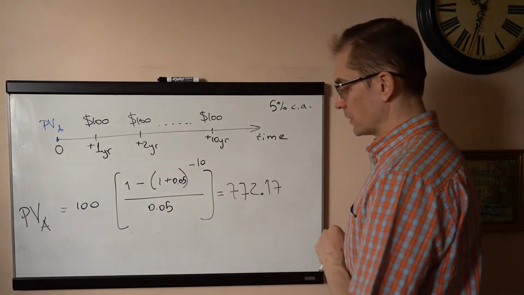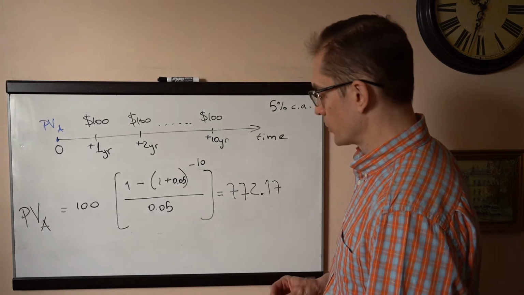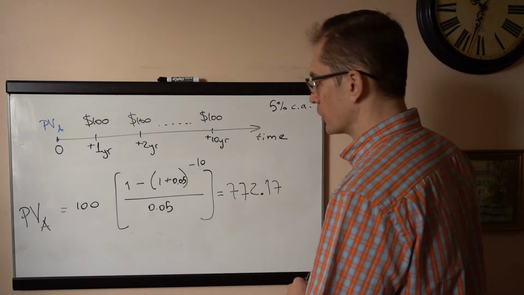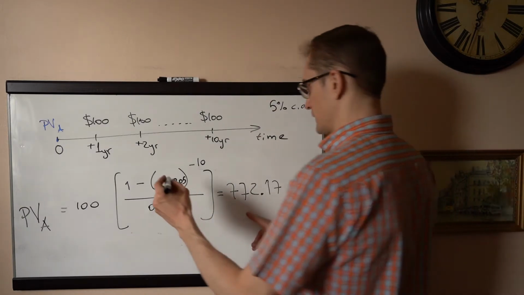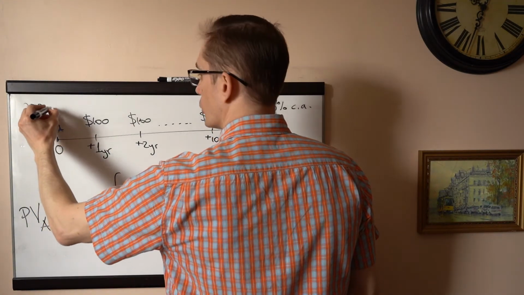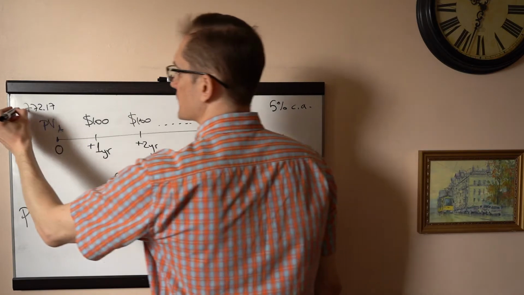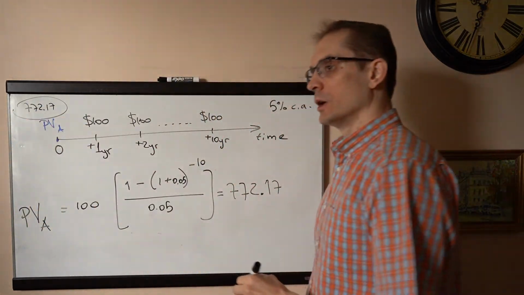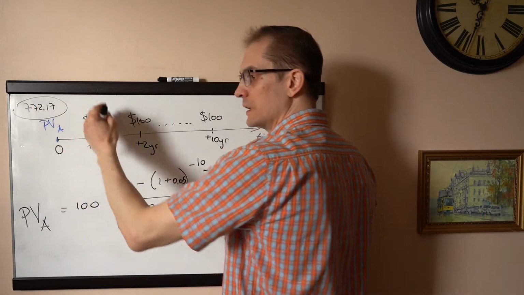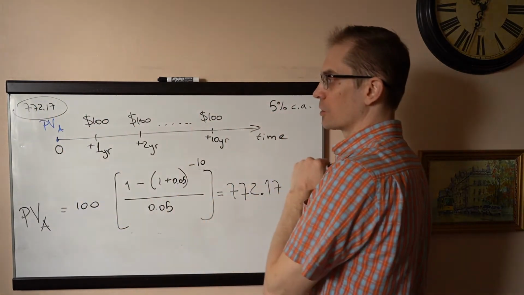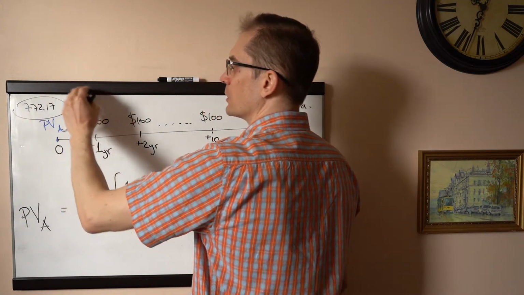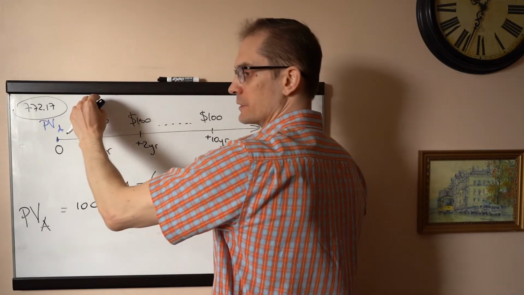So that's the loan. Now, I want to speak a little bit more here for you to realize how that loan will actually work. So we already know that this PA is going to be 772.17, right? So you take this loan today. Then this loan will start accumulating interest, which is 5% compounded annually. So after the first year, 772.17 will accumulate 5% of interest, right?